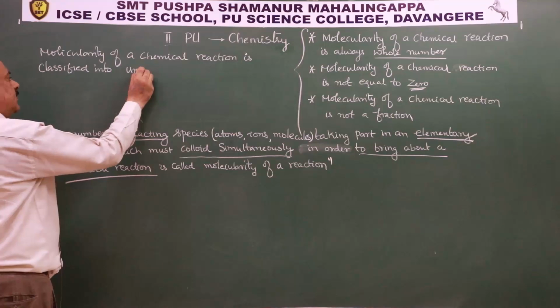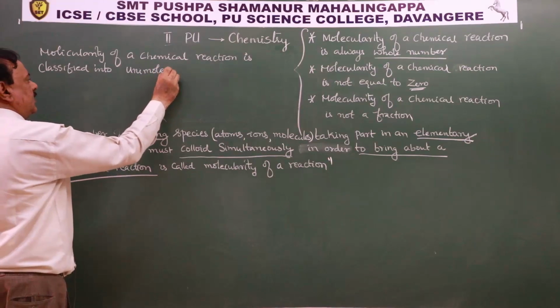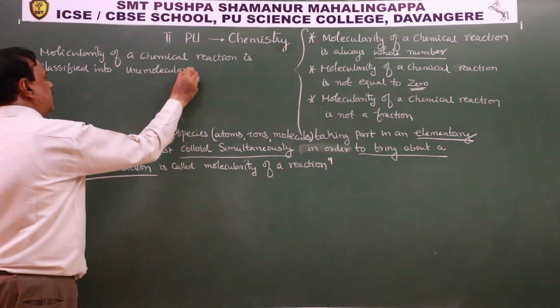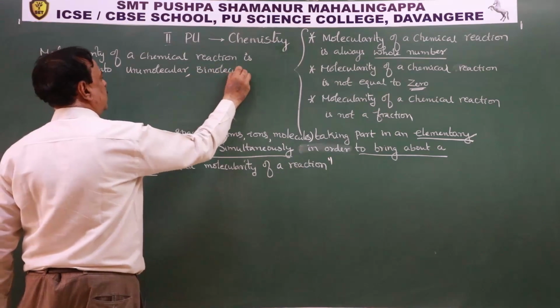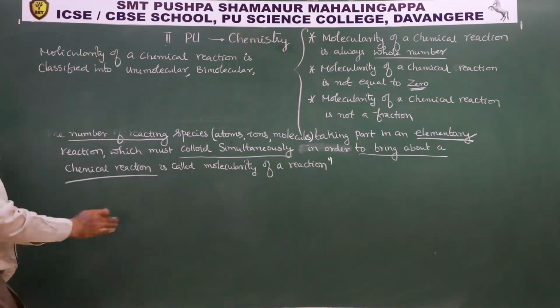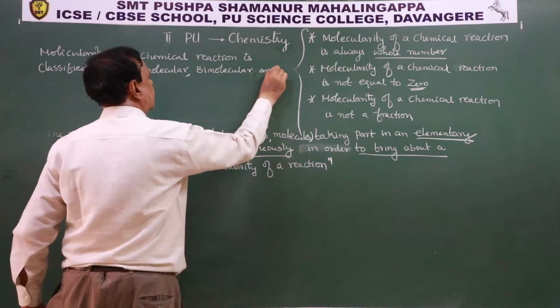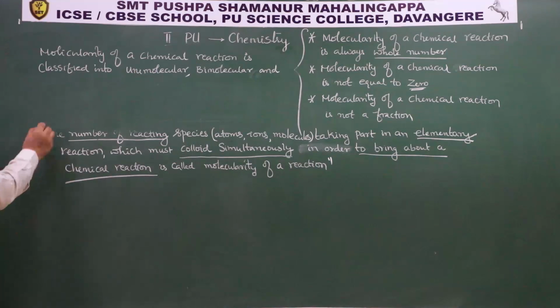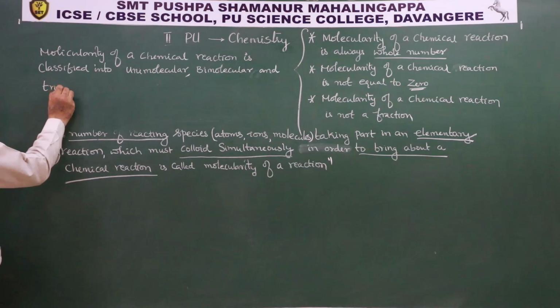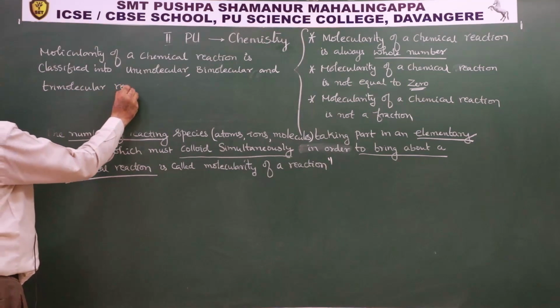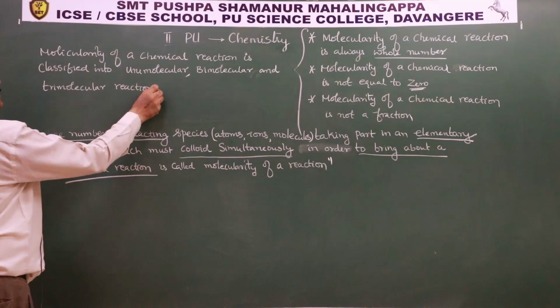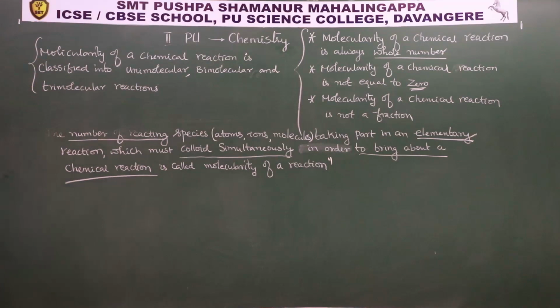Unimolecular reactions are those where one molecule is there, then bimolecular and trimolecular reactions. This is the classification: molecularity of a chemical reaction is classified into unimolecular reactions, bimolecular reactions and trimolecular reactions.